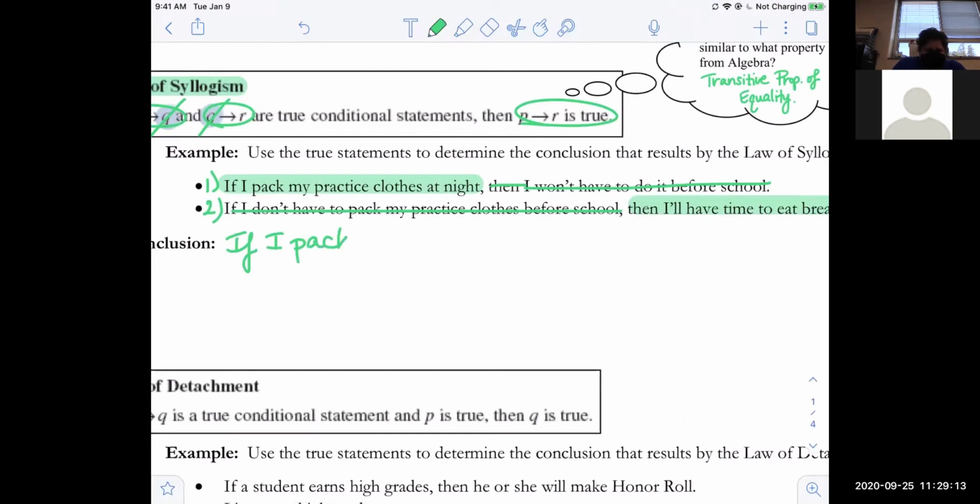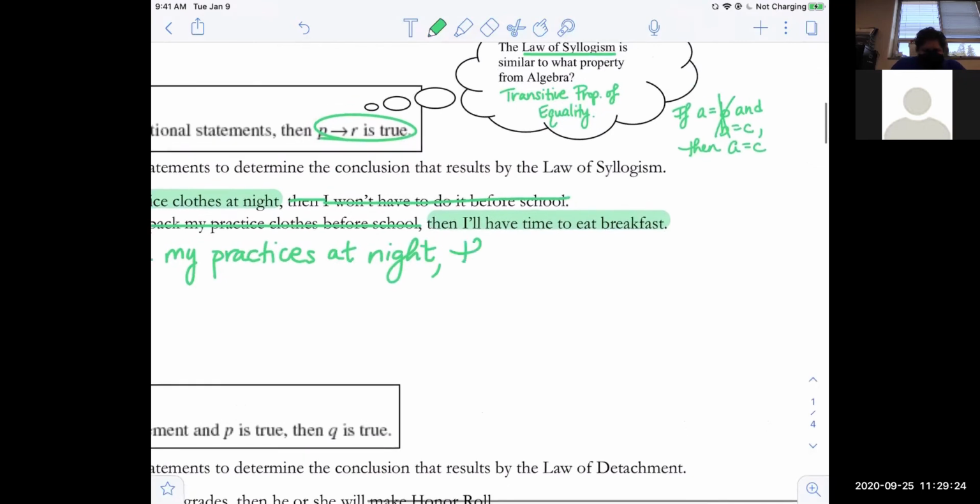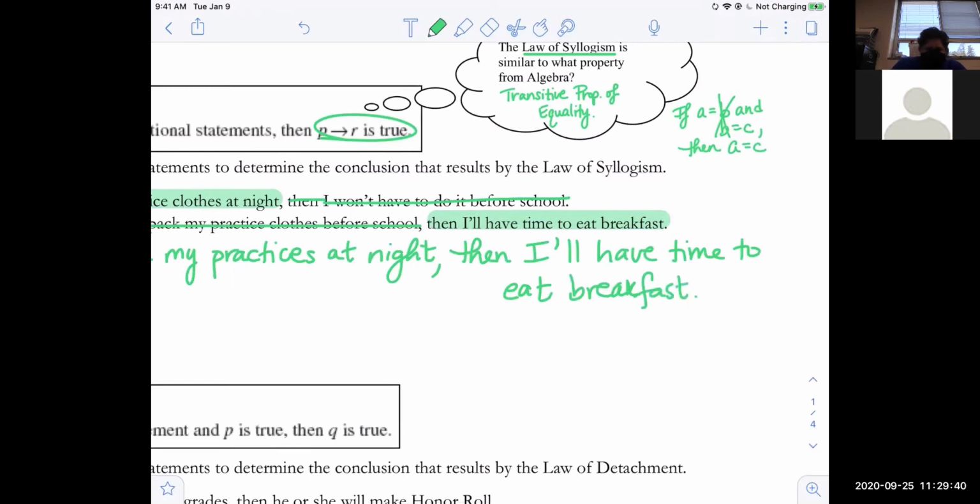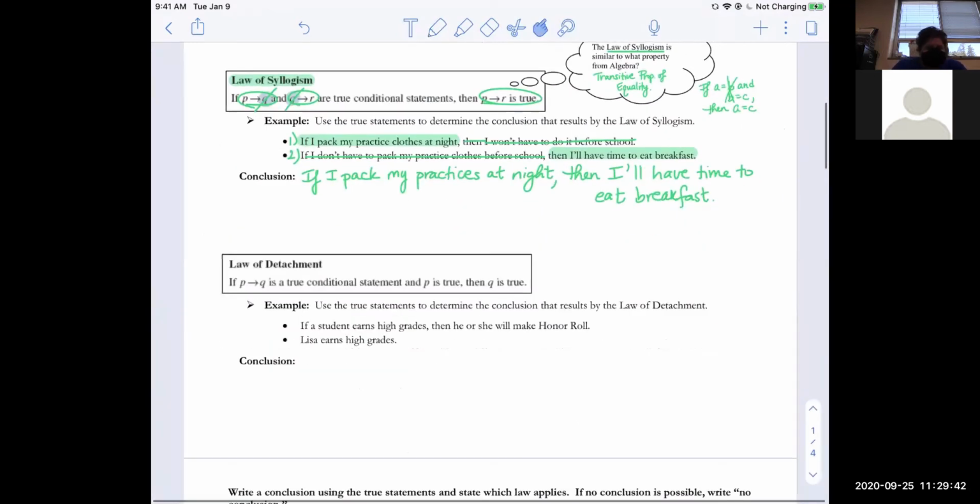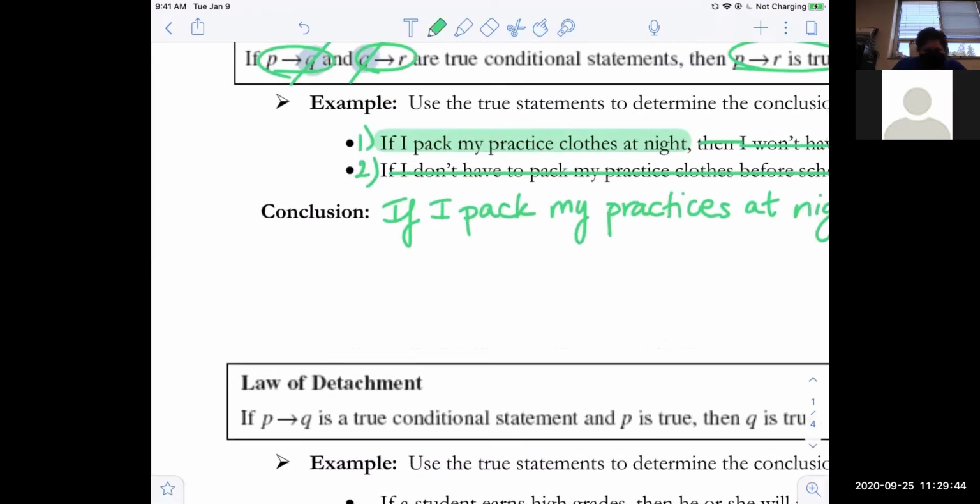So therefore, if I pack my practice clothes at night, then I'll have time to eat breakfast. That's your conclusion, your third statement.